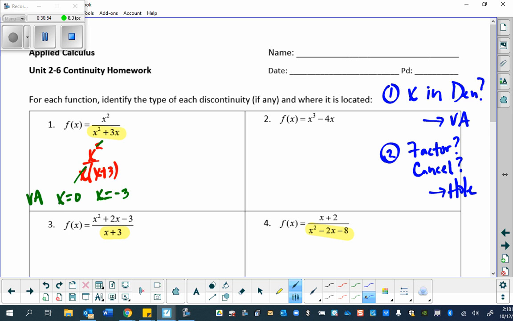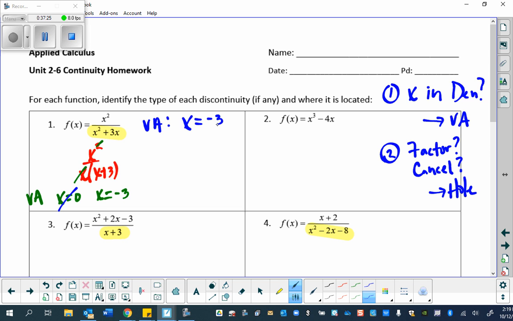But once I canceled this out, now I know that that's a hole. Okay? So if I have a vertical asymptote where the graph is equal to 0 in the denominator, I know at x is equal to -3, this graph is discontinuous. One side of it goes on to positive infinity, one side goes on to negative infinity. So I'm not going to be able to trace that whole graph with my pencil.